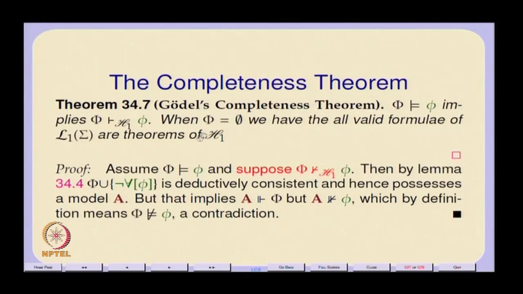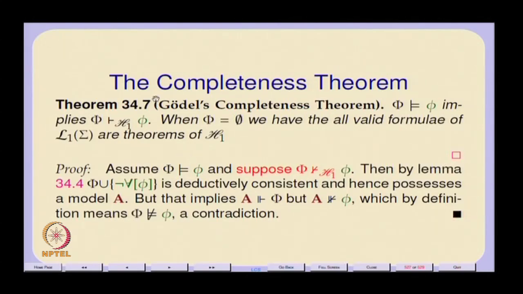However, when this set capital phi is empty, what you are saying is that every valid formula would be provable in H1, which is what we want. The corresponding notion to tautologies is that of valid formulae, and you are saying that every valid formula can be proven in the Hilbert system.